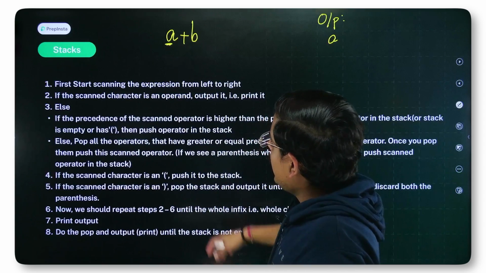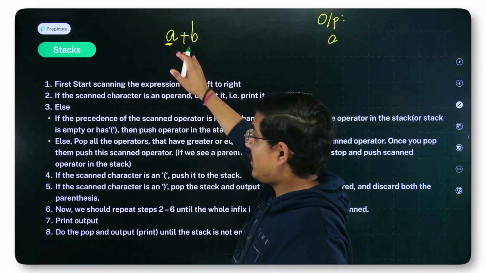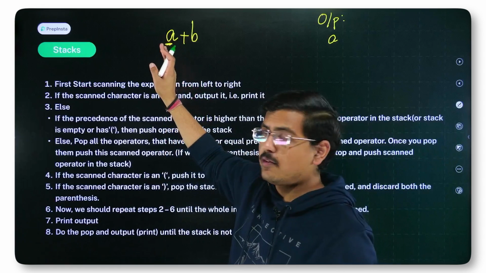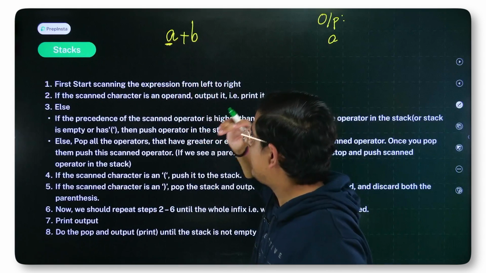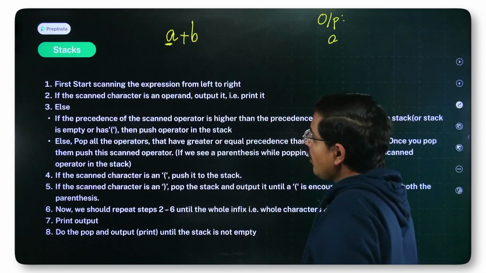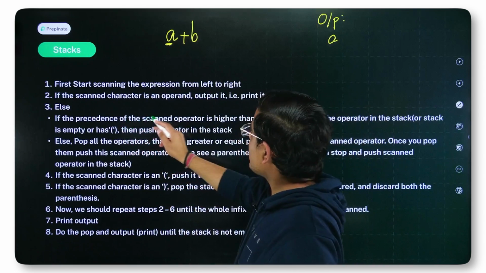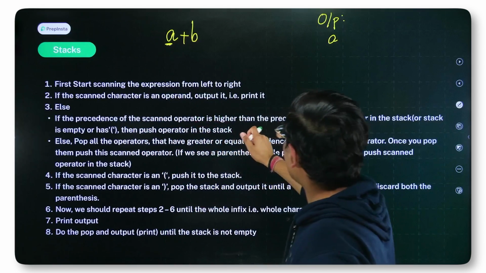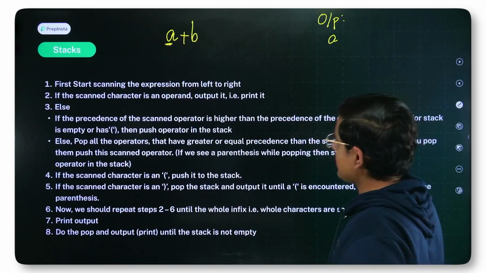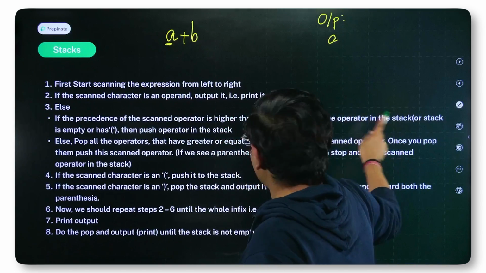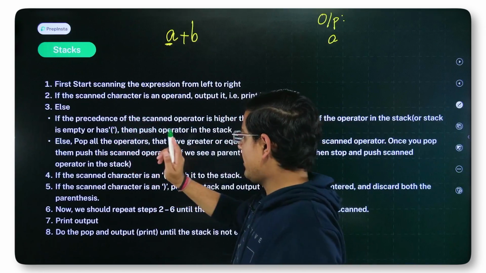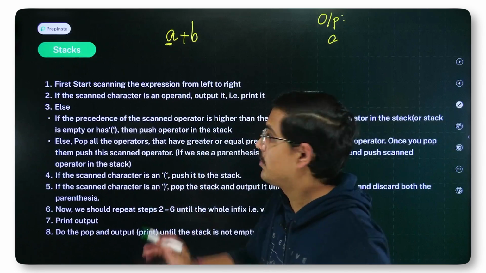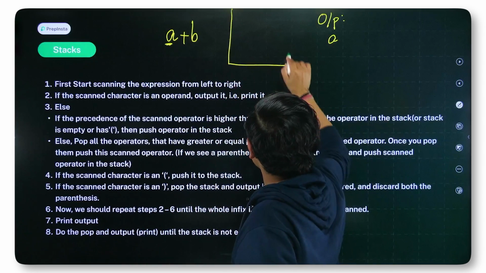Now, if it is not an operand, if you encounter an operator, then what you need to do? If the precedence of the scanned operator is higher than the precedence of the operator in the stack, or the stack is empty or has brackets, then push the operator in the stack. Basically, I have a stack.